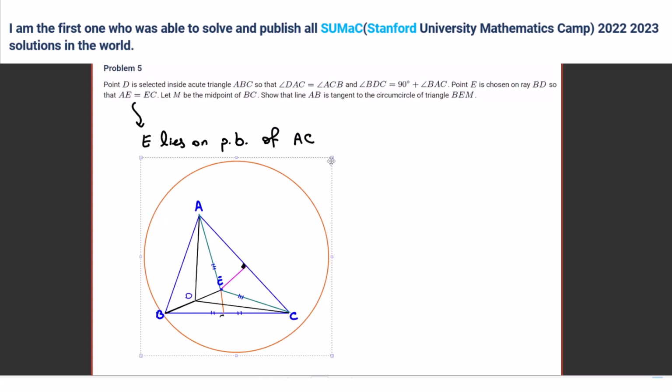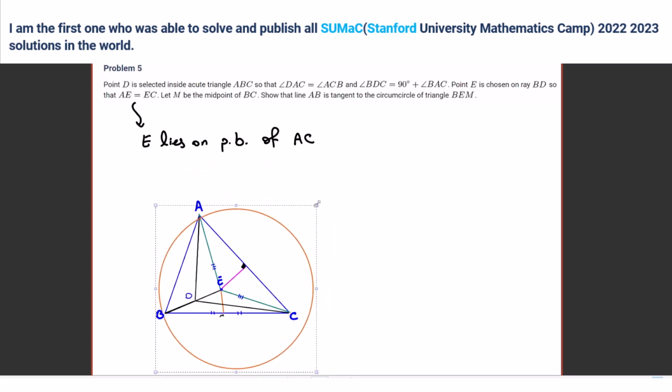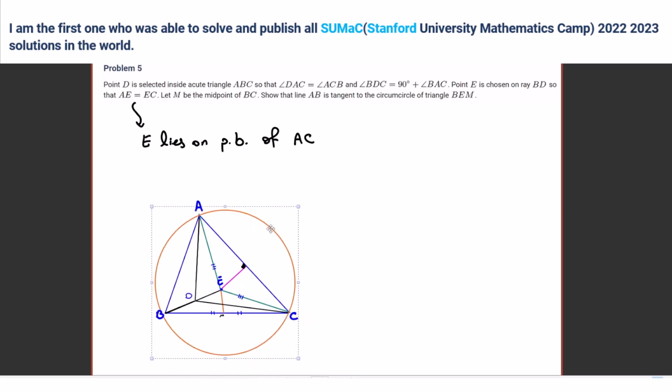And look, the problem says prove that AB is tangent to the circumcircle of BEM. So we should prove what angle is equal to what angle. AB is tangent to the circle of BEM.